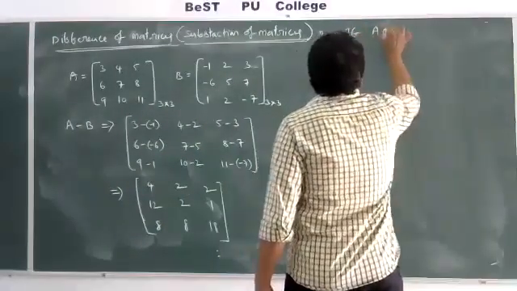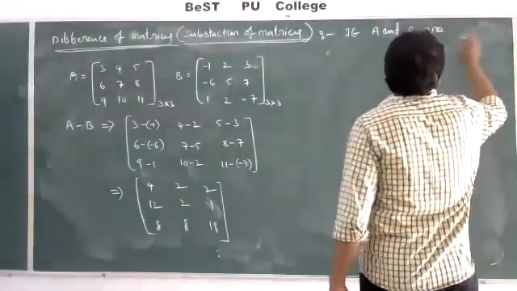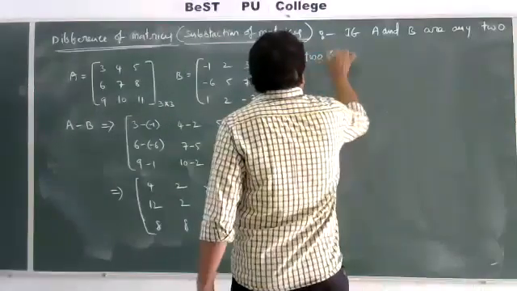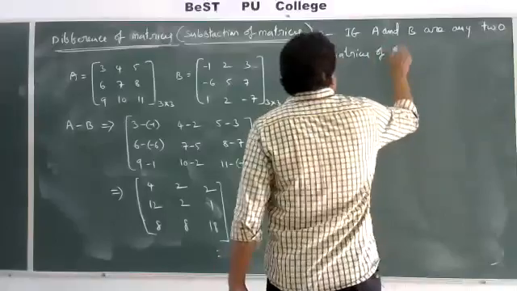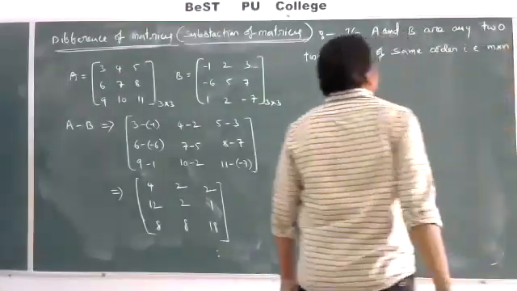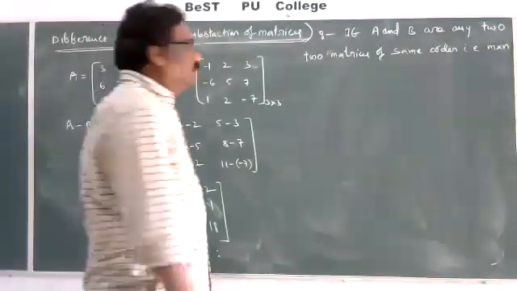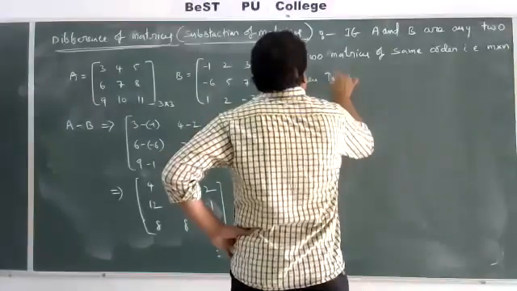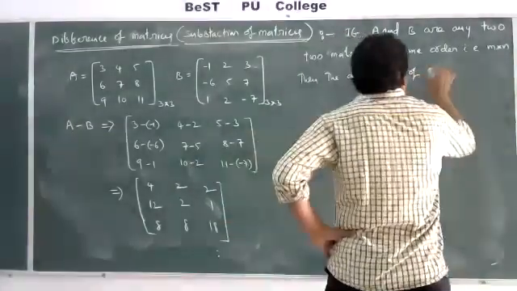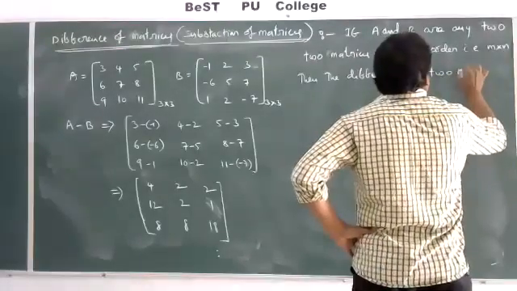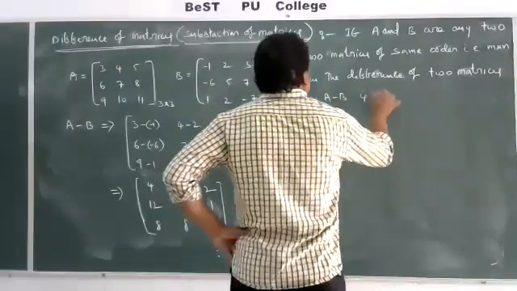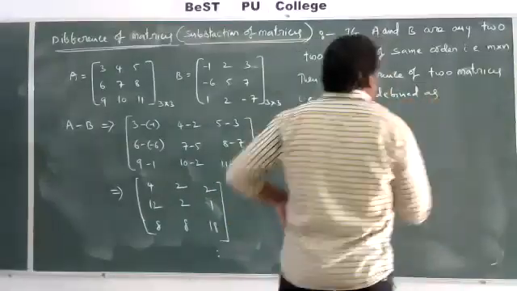If A and B are any two matrices of the same order, that is m by n, then the difference of two matrices, that is A minus B, is defined as follows.